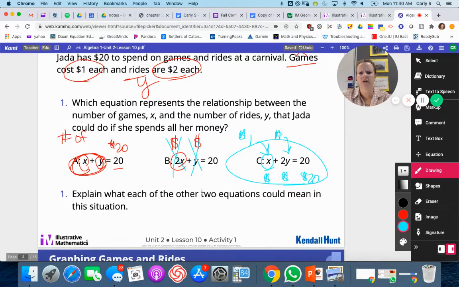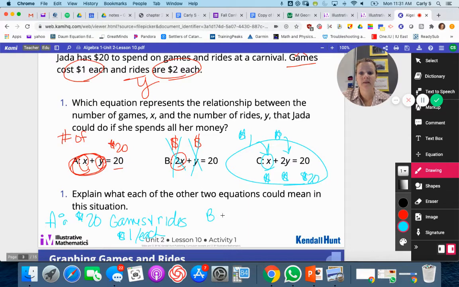Explain what each of the other two equations could mean in this situation. They could mean that you're wrong. Just kidding. Not really. Here, like A, let's say Jada spent $20 and games and rides are $1 each.